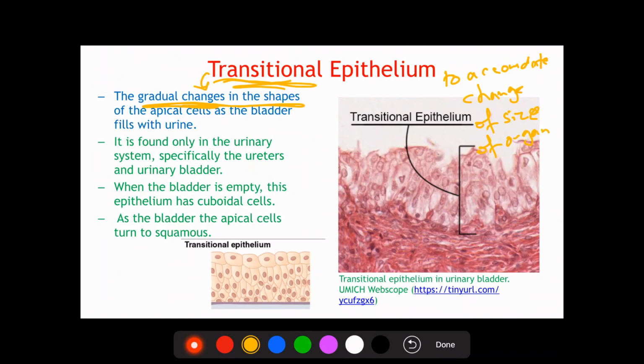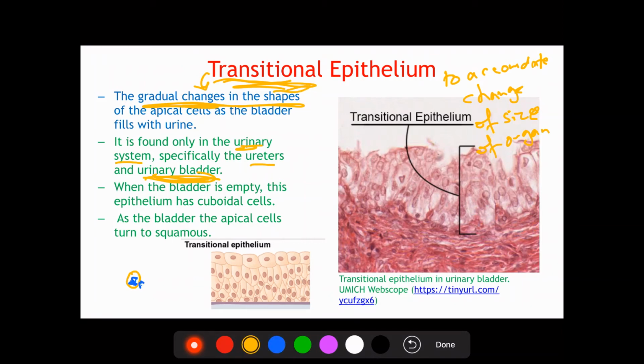For example, we have the urinary bladder. In the urinary system, we have these cells only in the urinary system, in the ureters and the urinary bladder. Sometimes we hold urine for an extended period of time. If our urinary bladder were super small and couldn't hold so much urine while we are accumulating it, it would tear up.